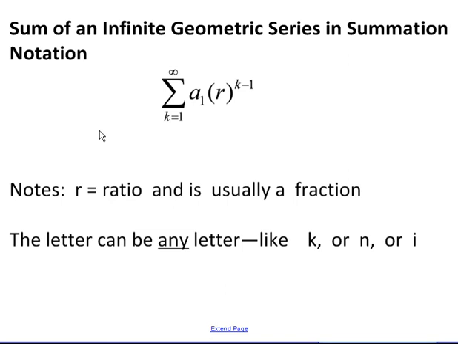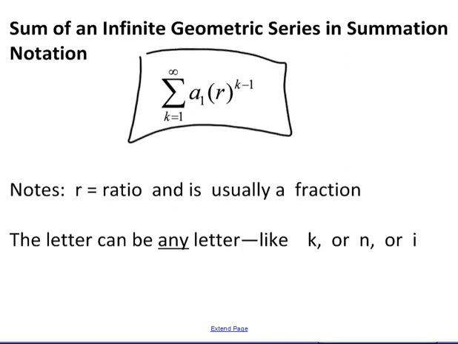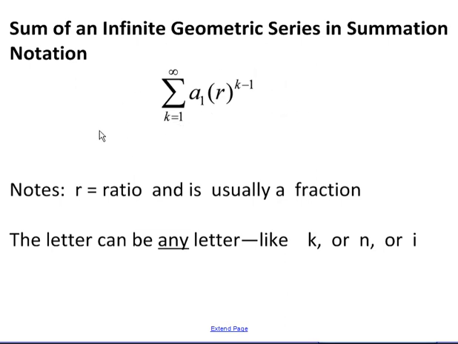So here we have this formula right here. Let's talk about the bits and pieces here. Notice underneath that sigma, I have k equals 1. That's where we start. That's the first number we start with. And at the top, we have infinity.